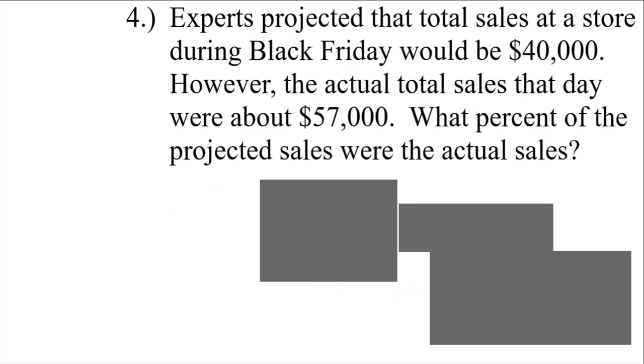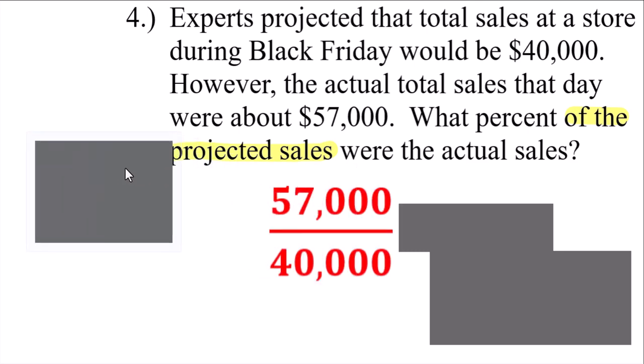Problem number 4. Experts are projecting total sales to be 40,000. However, the actual sales were 57,000. Now, check this out. What percent of the projected sales were the actual sales? So this is letting you know the original total is what you're trying to find the percent from.